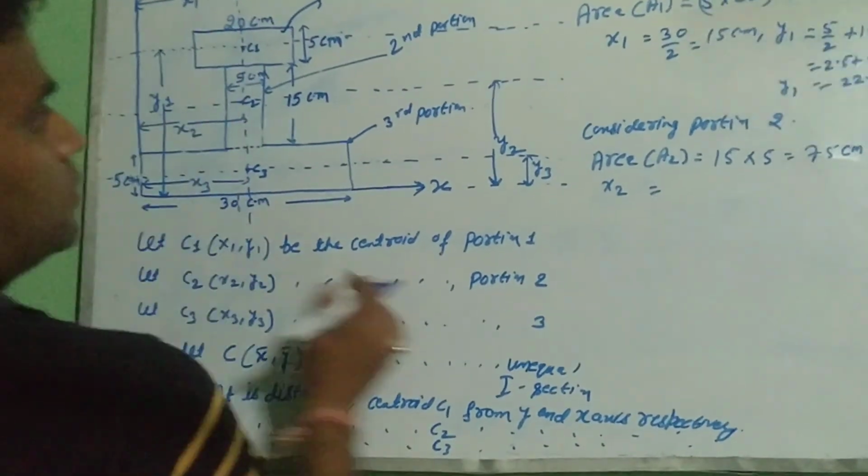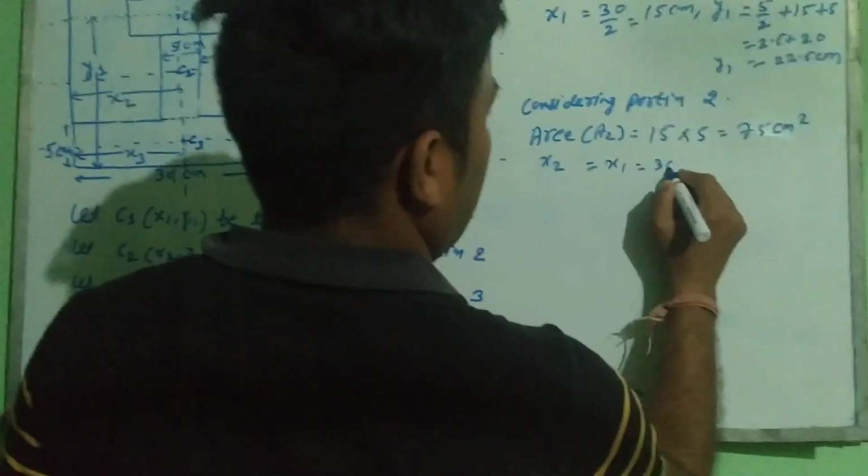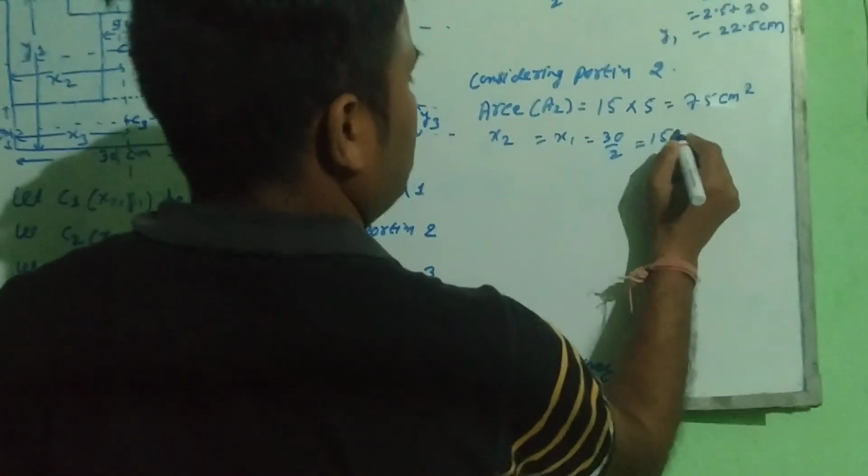All are symmetrical. x2 is equal to x1 is equal to 30 by 2 is equal to 15 centimeter.